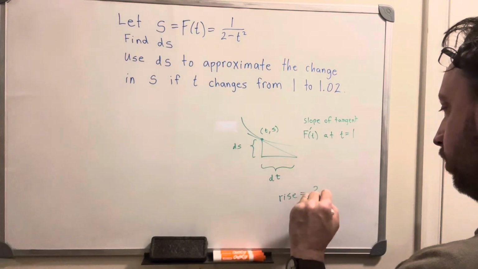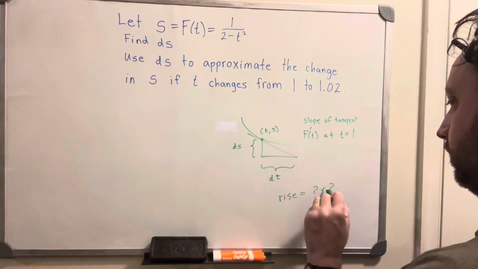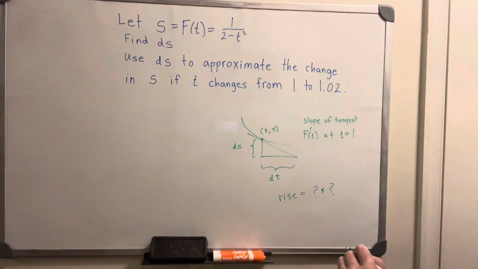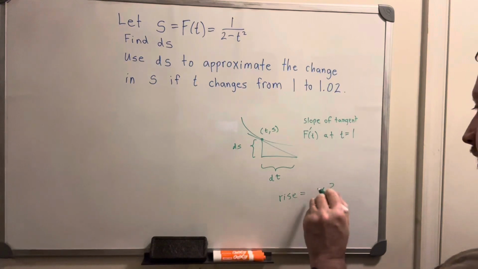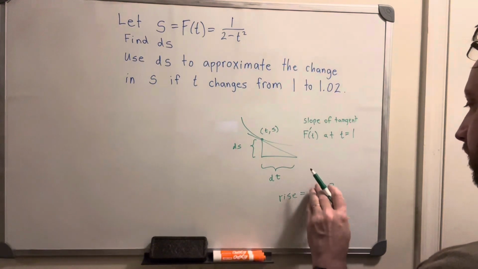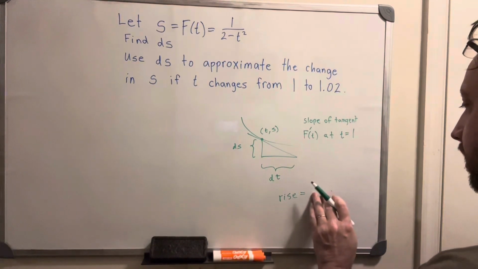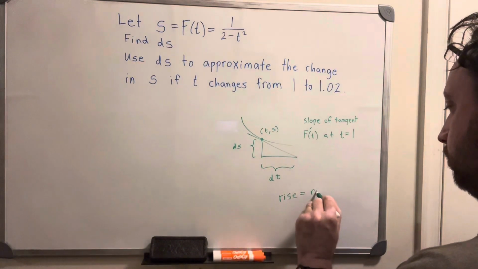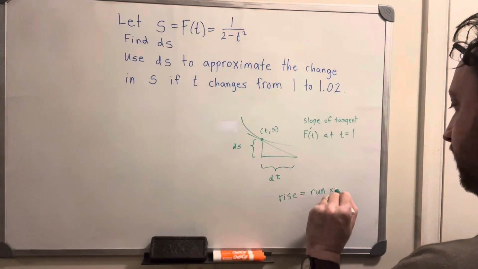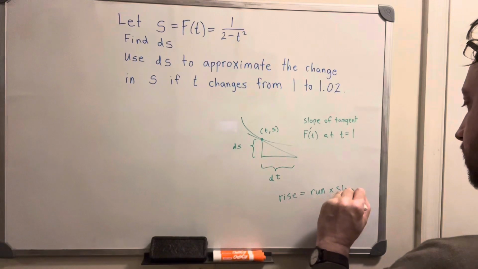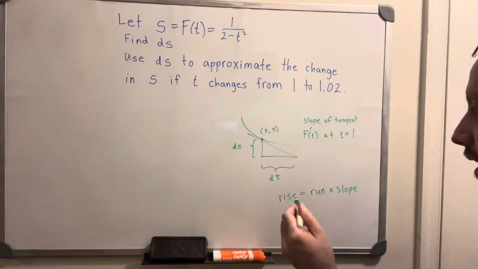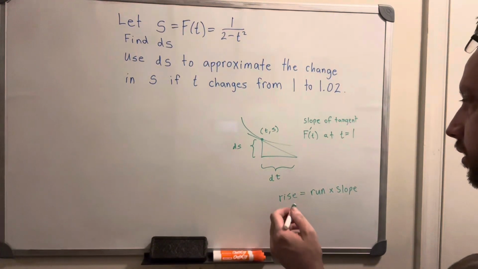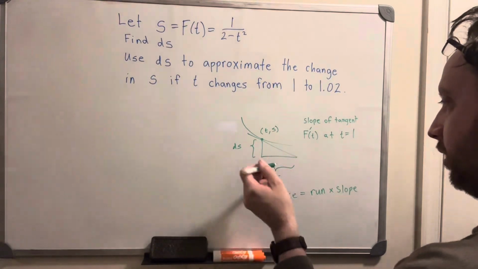Rise equals what times what? It's equal to the run times slope, right? What is the run in this problem?